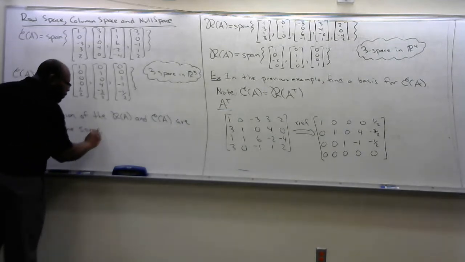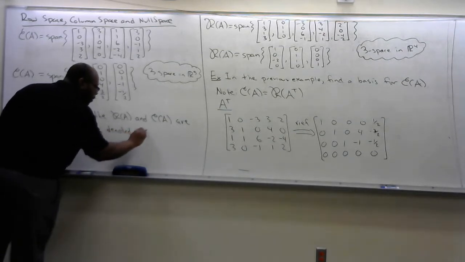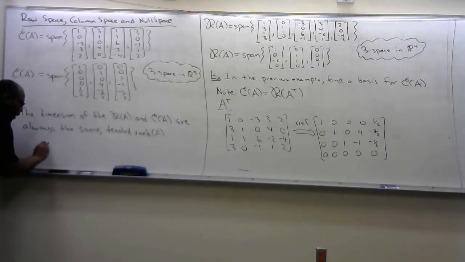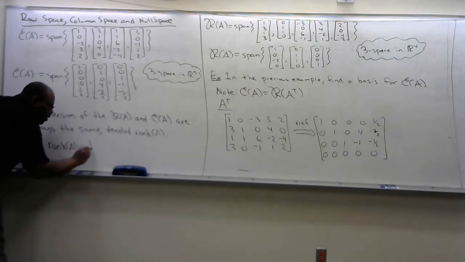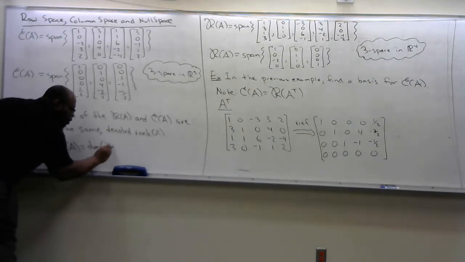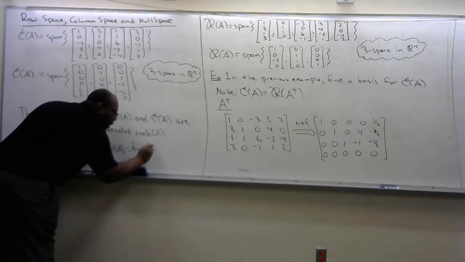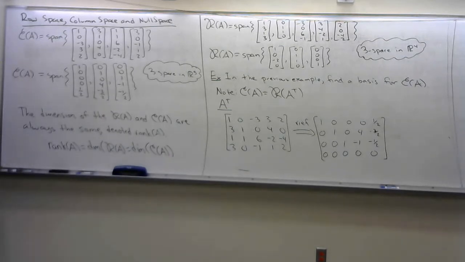And it's denoted the rank of A. So I can say here that the rank of A is equal to the dimension of my row space of A or the dimension of the column space of A. In this case, the rank of my matrix would be 3 in this particular example.